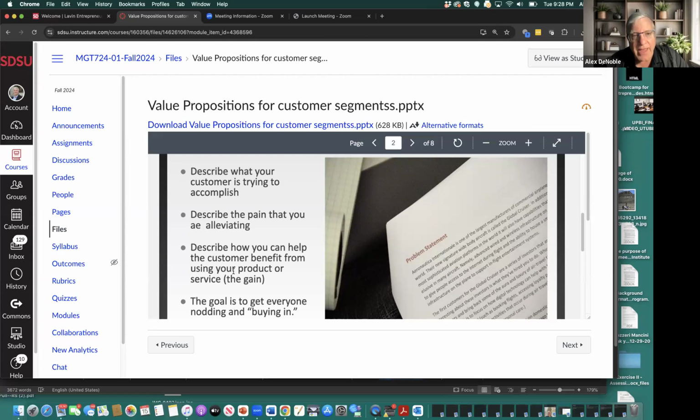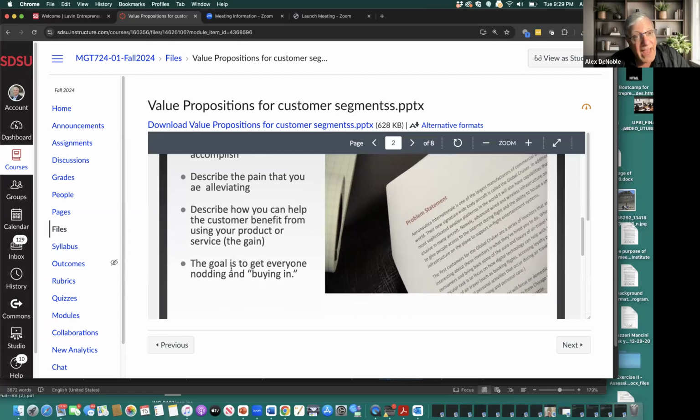And then as you deepen your understanding of your customer, your target market segment, focus on, can you describe what is preventing them from doing what they're trying to do? Where is the pain point in the process of what they're trying to do?